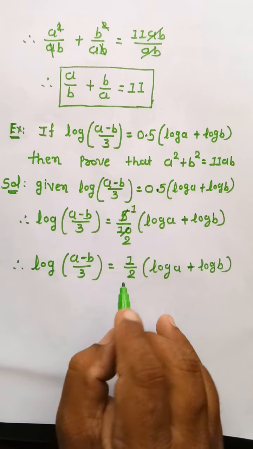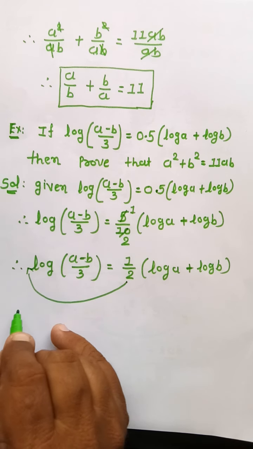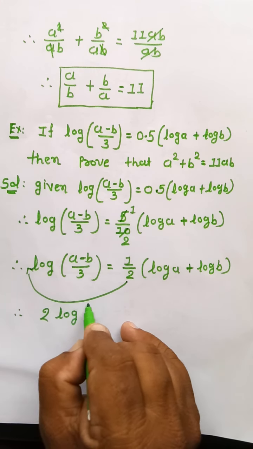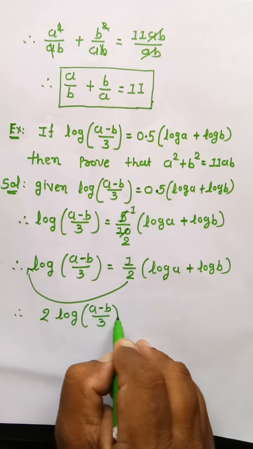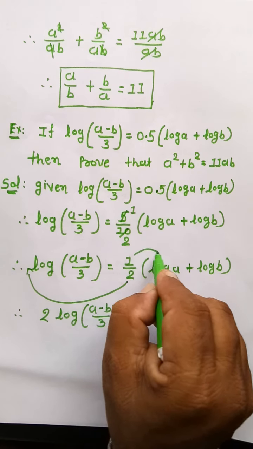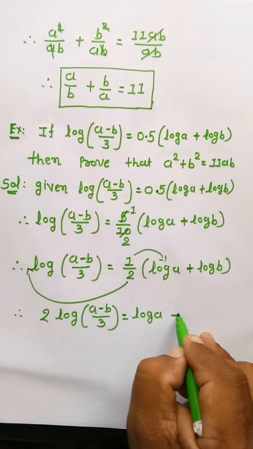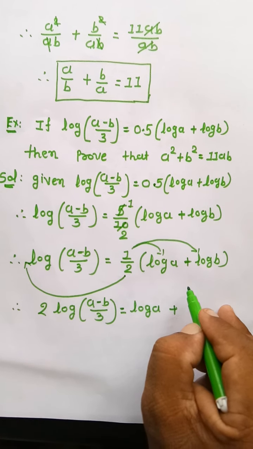Now same example, here 2 is in multiplication, so 2 log (a minus b) by 3 is equal to 1 multiplication log a, that is log a, plus 1 multiplication log b, that is log b.